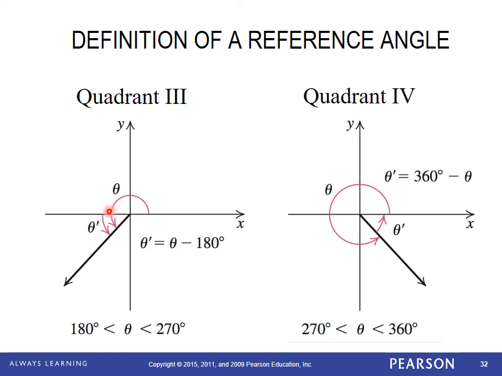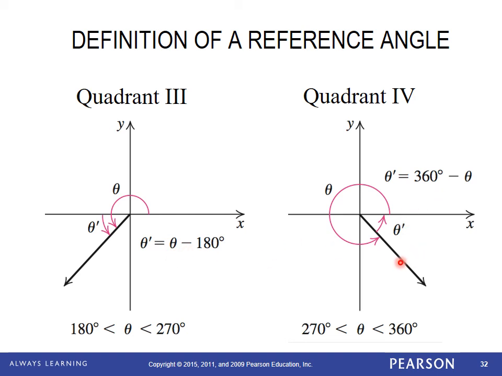What happens if you go past 180 degrees, in quadrant 3? If you go backwards here, the reference angle is going to be how much more you went beyond 180. So in terms of computing, the reference angle equals theta minus 180, because we're a little bit past 180.